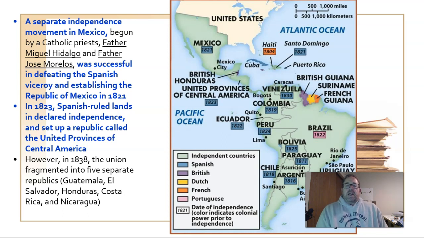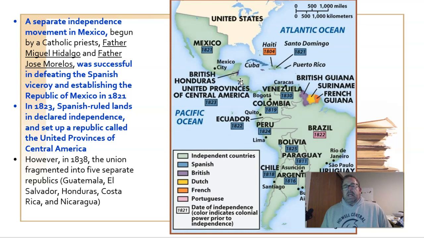The next area that I want to talk about is Mexico. That was a separate liberation movement led by Catholic priests, and that was completed in 1821. And then down here in what is today known as Central America, Guatemala, El Salvador, Honduras, Costa Rica, and Nicaragua, their independence is in 1823.